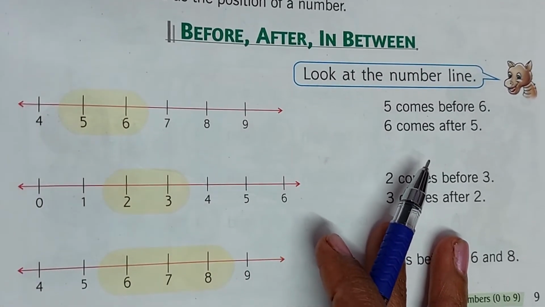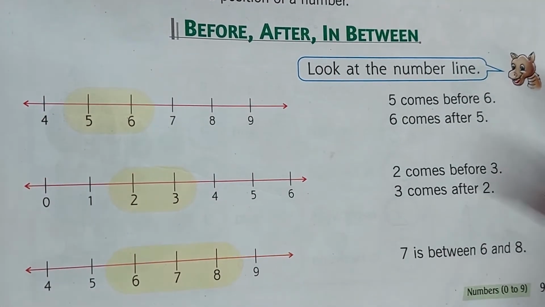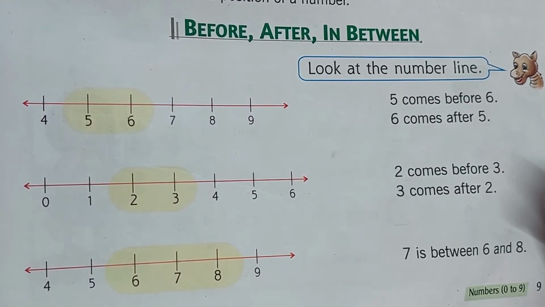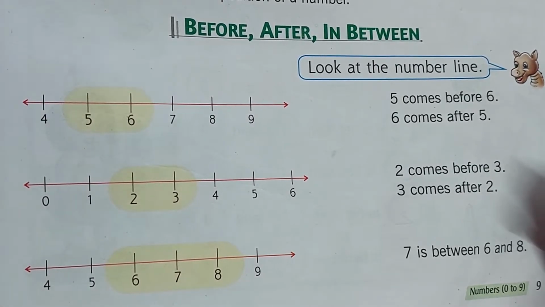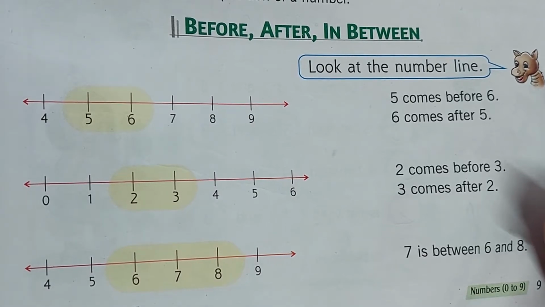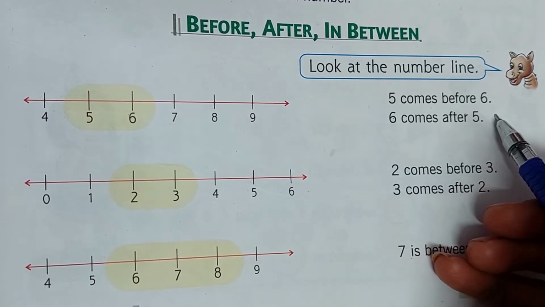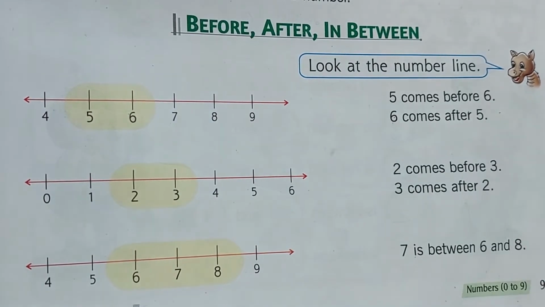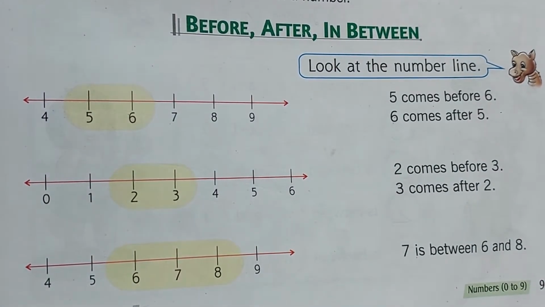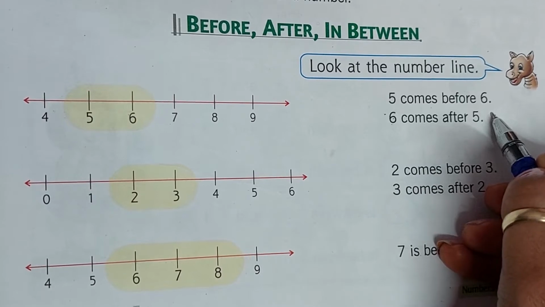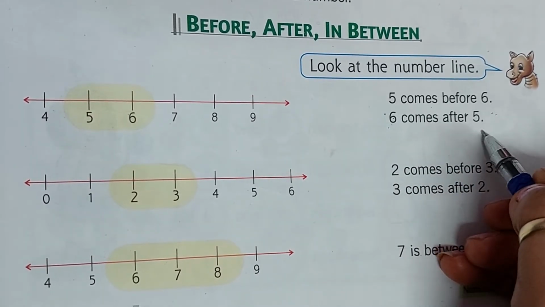Before, after, in between. What is before? Before means backside. After means when we go forward. In between means which number lies between two numbers. 5 comes before 6 and 6 comes after 5. Be careful with the language. What they are asking should be clear to you. 5 comes before 6, 6 comes after 5.